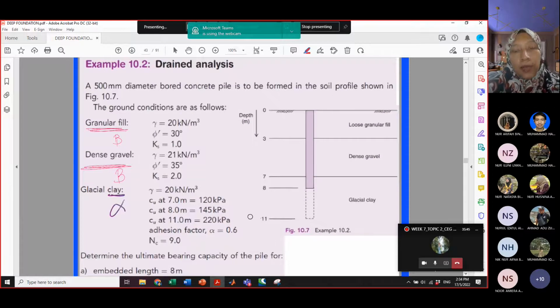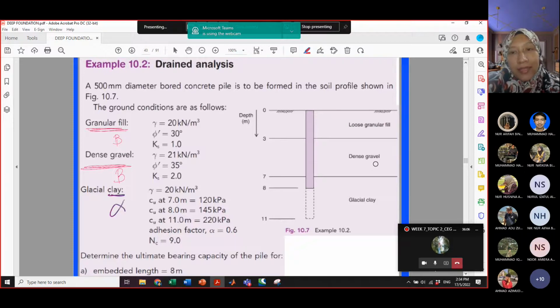Okay, this is more complex, which uses grain analysis and also multiple layers of soil. You can see that it combines granular and clay soil, where the two upper parts of the soil layer are pile in sand.